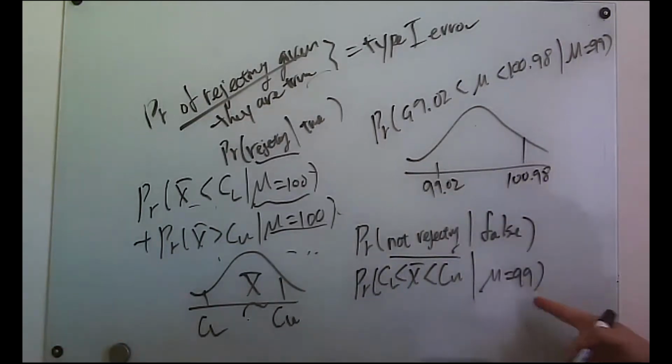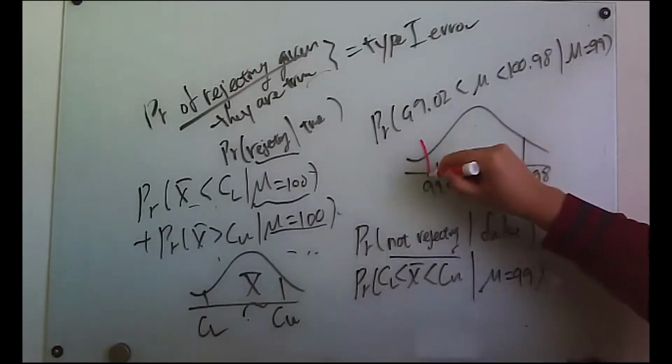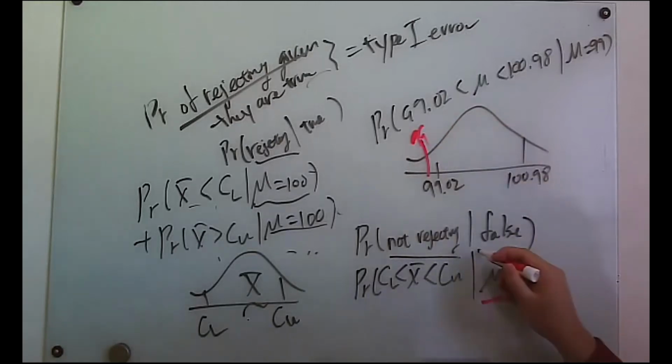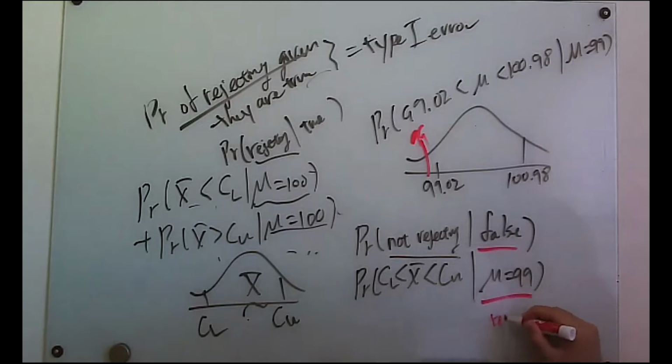Since 99 is actually outside of this range, we should reject, because the null is false and the alternative is true. We should reject, but we didn't reject. That is type 2 error.